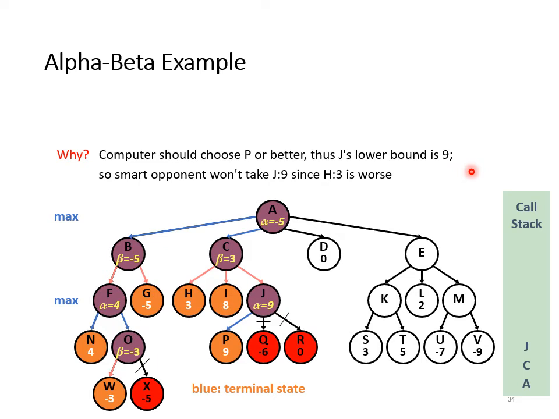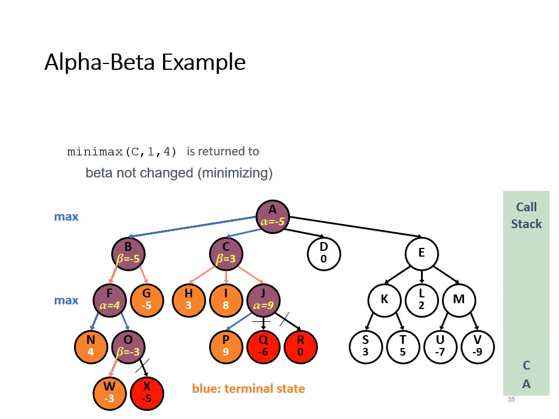Thus J's lower bound is 9. So a smart opponent will not take J of 9 since 3 is worse. So C will return to A, and beta does not change, but the value of A will change.